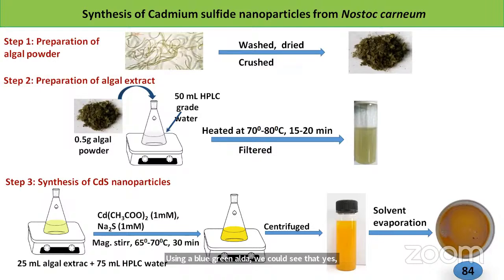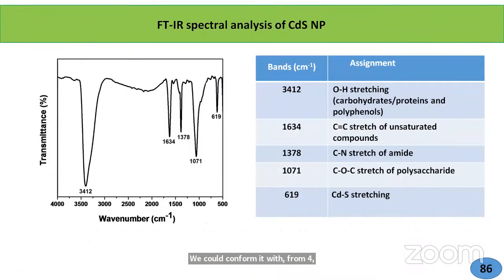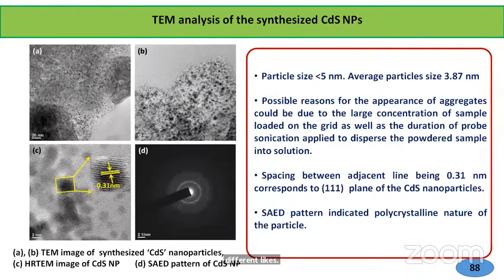We could confirm it from 410 to 475 nanometer, doing the FTIR analysis, and we could do XRD; prominent peaks correspond to the different planes, and the widening of the peaks implies a small particle size of the product.